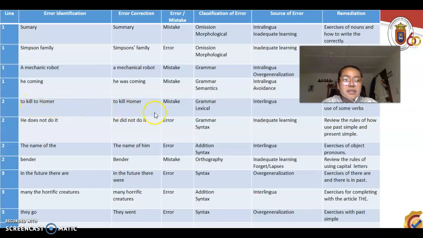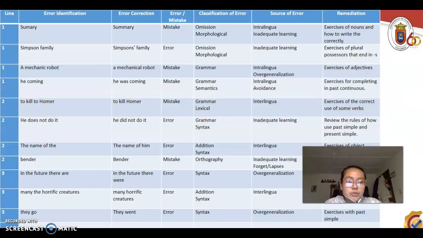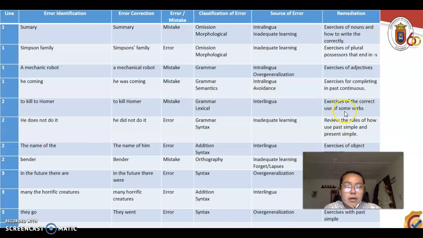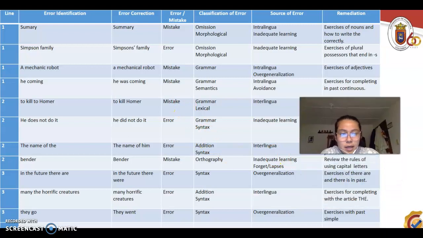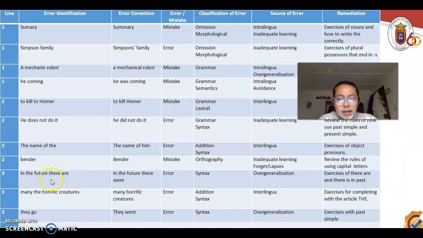So we have to see very well how to use the correct verbs. So in this case, to kill someone, no to kill to someone. In this case it is a grammar mistake.